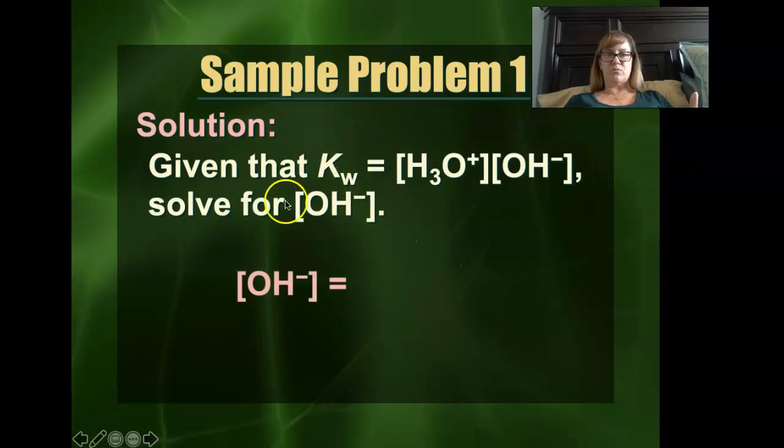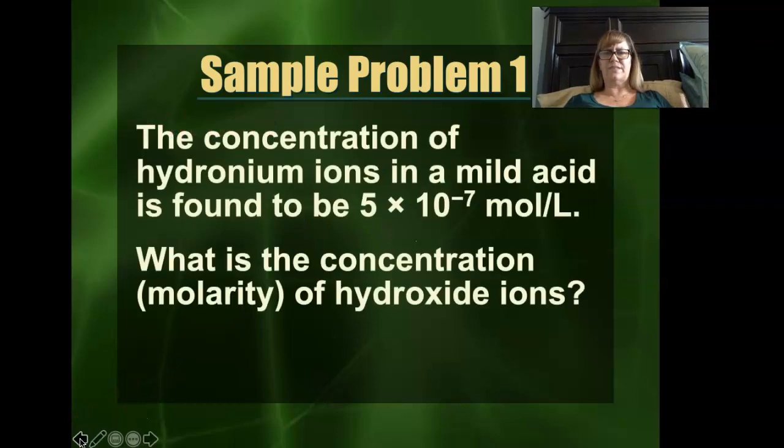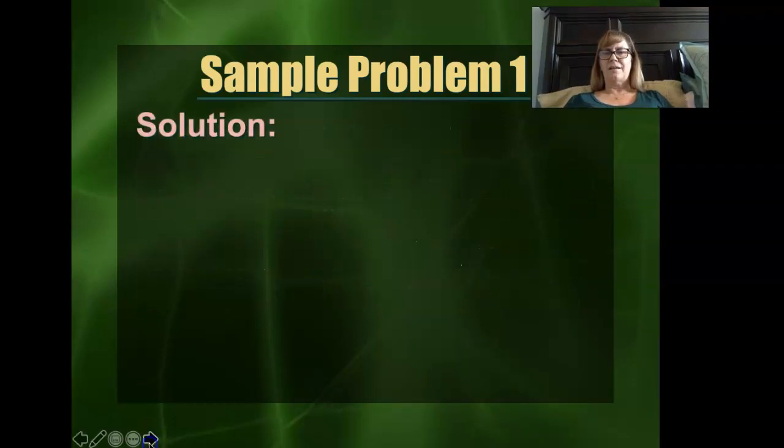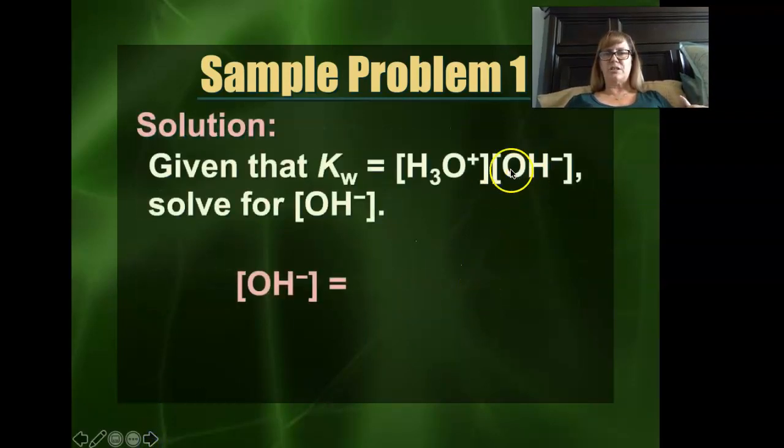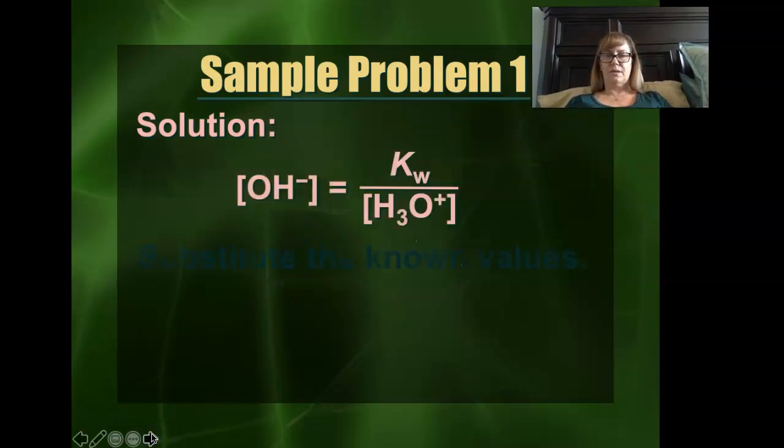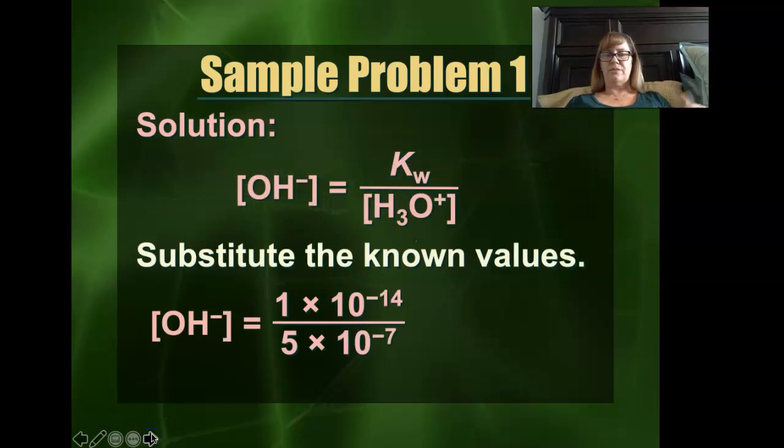So if Kw was 1 times 10 to the negative 14th, your hydronium is your 5 times 10 to the negative 7. You just plug it into your equation to solve for hydroxide. Then you're going to divide 1 times 10 to the negative 14th by your hydronium concentration. And you put in the values and you get your hydroxide concentration. Try it with your calculator. Pause the video, try it. This is what you're going to get.